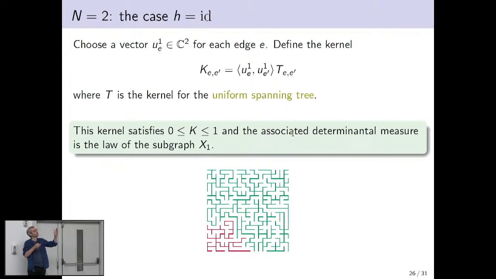And so this kernel, just by the usual theory of determinantal processes, is indeed self-adjoint and between 0 and 1, and its law is the law of the first component. And the interesting thing is you can do the same thing when n is very big, and then there is more range to tweak this distribution, and actually you can interpolate, if you want, between the uniform spanning tree and independent Bernoulli percolation, which is also a determinantal point process, and in between you have a lot of random subgraphs.